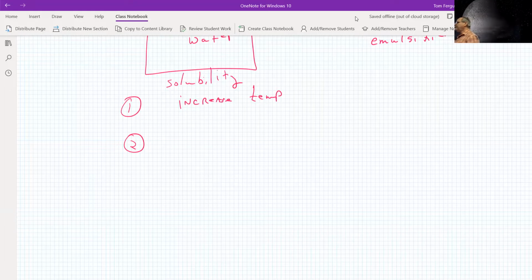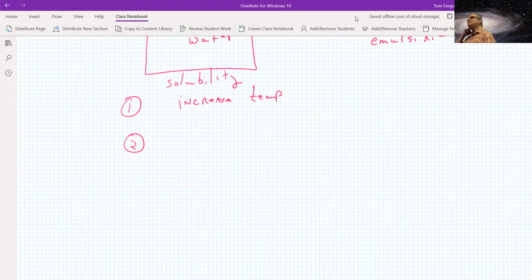I want you to go back to your coffee. Put the sugar in there. Hot coffee dissolves more sugar than cold coffee. What else helps dissolve the sugar in the coffee? Yeah, stirring, right? If you don't stir it, it doesn't dissolve.